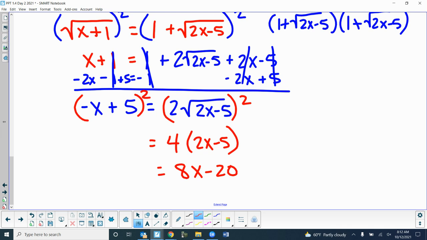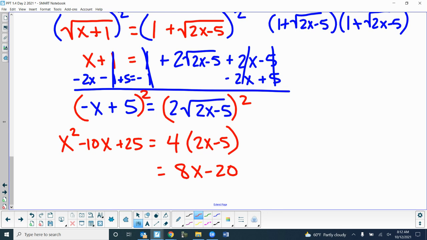Over here, let's do the shortcut. What's negative x times negative x? x squared, still positive, right? What's negative x times 5? Negative 5x. Doubled. And then what's 5 squared? 25, right? I should have put it down here.